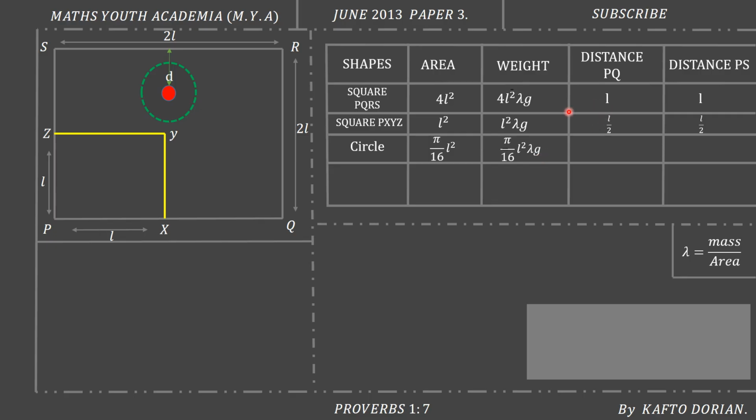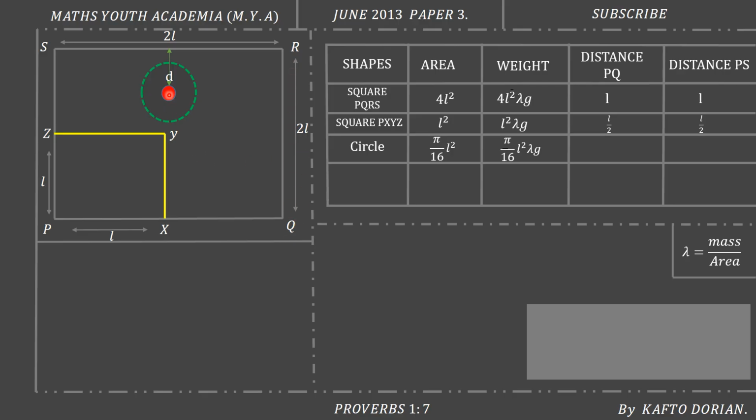So finding the distance from PQ of the circle. The question says the center O is distance L meters from QR and L/2 meters from RS. So the center of the circle from RS is given as L/2, and the complete distance RQ is 2L.